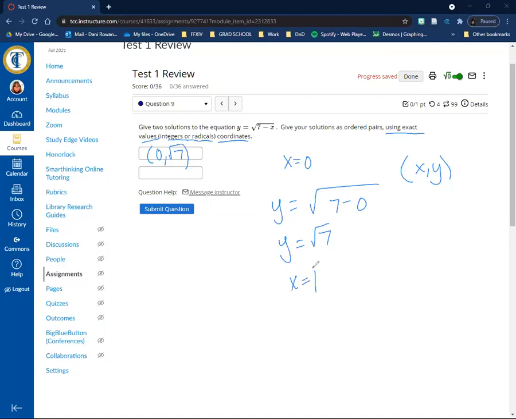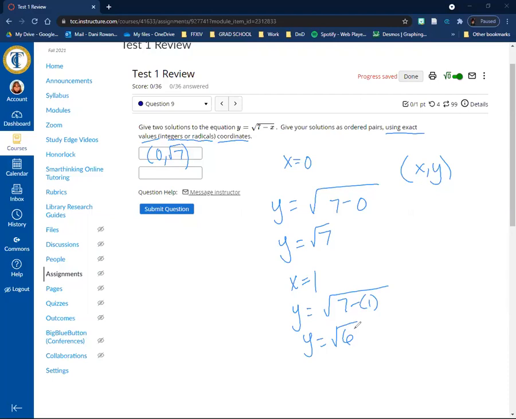You could also put in 1 for x, and if we do that, we're just doing the same thing, plugging 1 in for x. What's y equal here? Square root of 6. Can that be reduced in any way? 2 and then square root of 3?